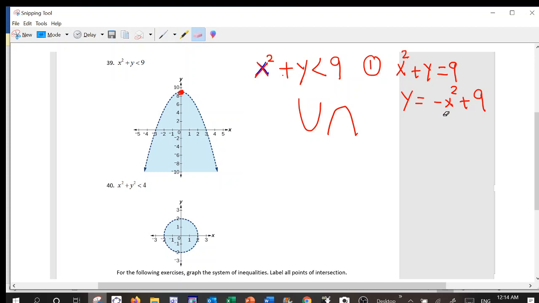Now we know if y is 0, we have to graph it, we have to know the x-intercepts, right? So if y is 0, then this is negative x squared plus 9. So if y is 0, then x squared equals 9, so x is plus and minus 1, right?